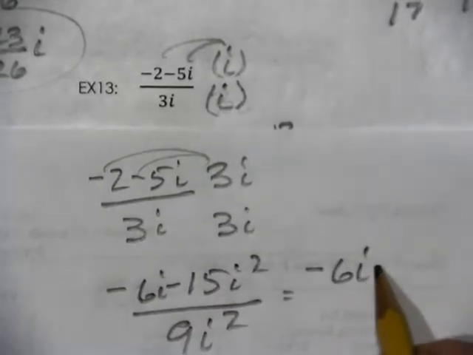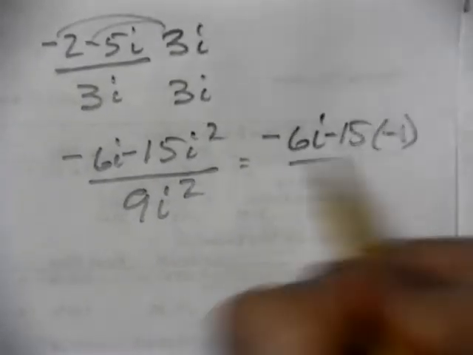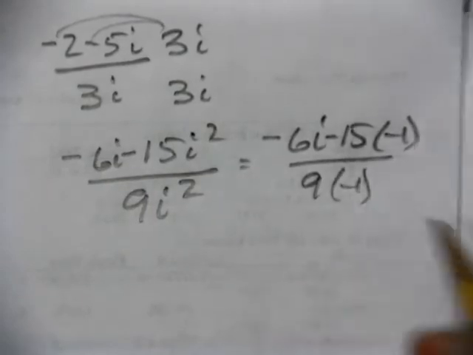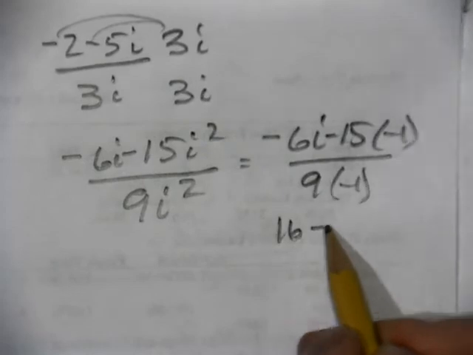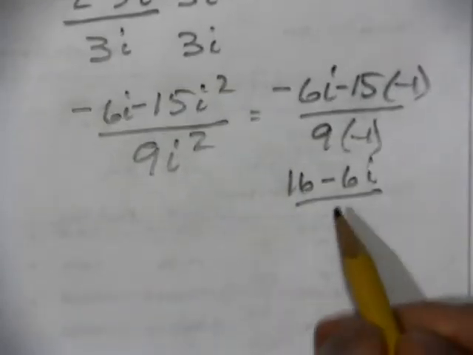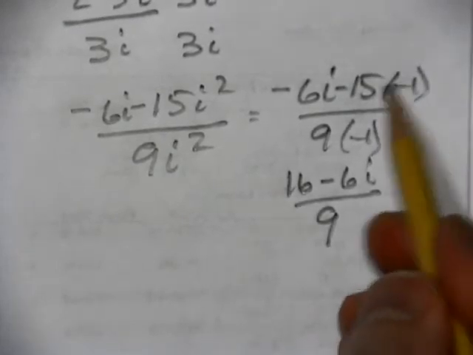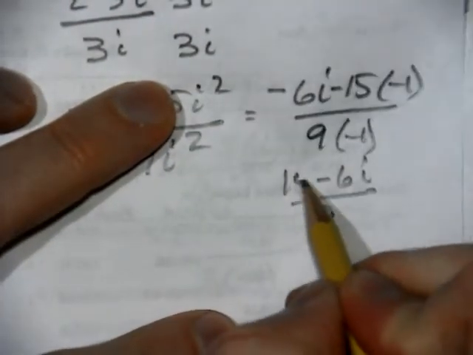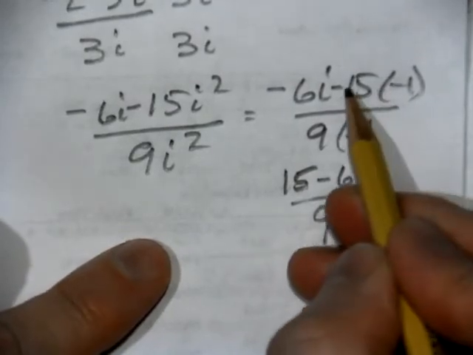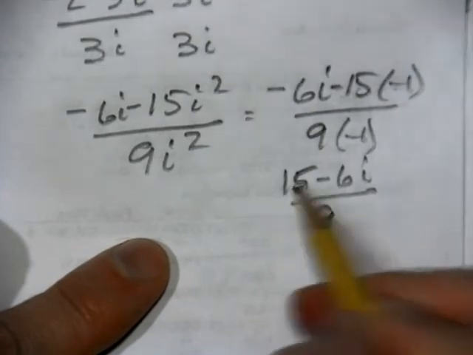Negative 6i minus 15 times negative 1 over 9 times negative 1. Well, that makes us 16 minus 6i, and over here it makes it a positive 9. Oh, that's not 16. This is multiplying, so that would have still been a 15, not a 16. It would have been negative 15 times a negative 1 is a positive 15.